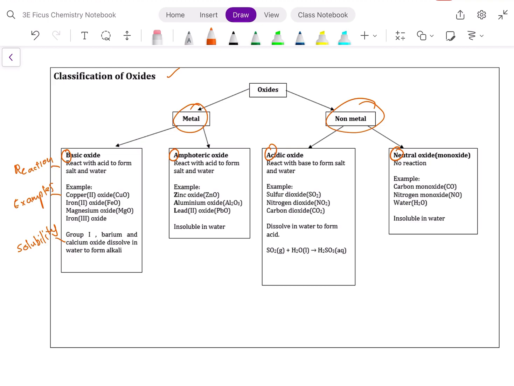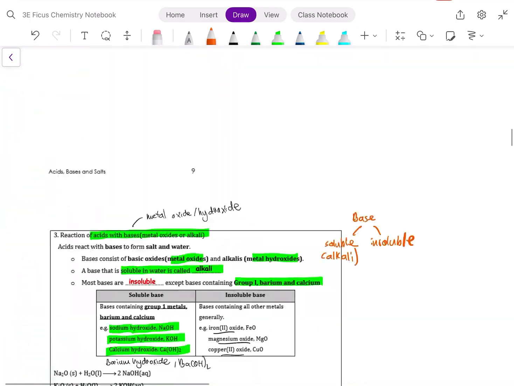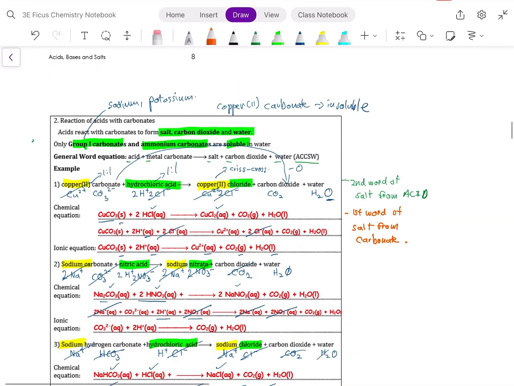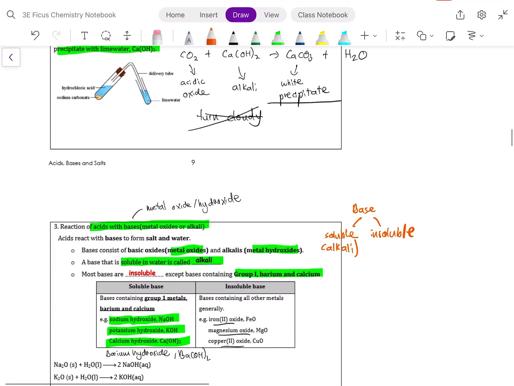So for the metal oxide, most of it fall under basic oxides. They are also bases. Remember bases are oxides or hydroxides. That's what we discussed earlier on. If you look back at what's a base, over here, where is it?